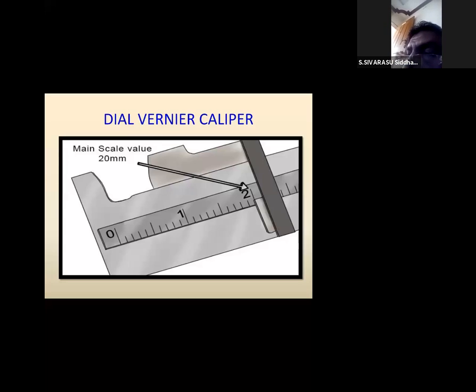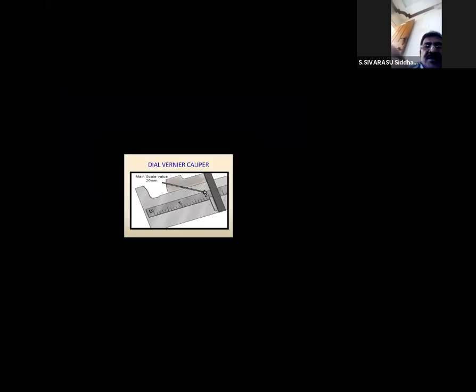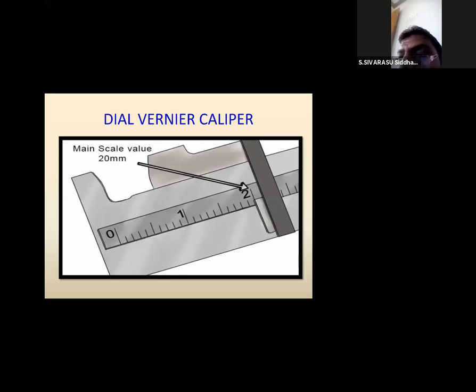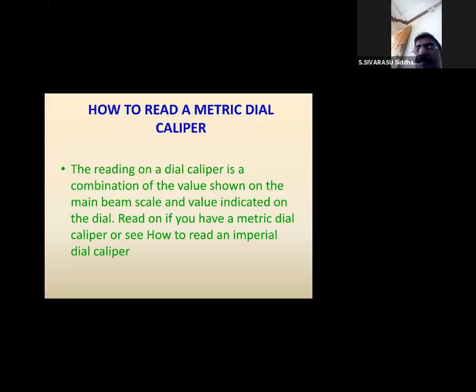Now you can see that after this 20 mm line, it is the same with the ridges and the vernier scale on the dial. By using this, we will see how to read the dial caliper one by one.